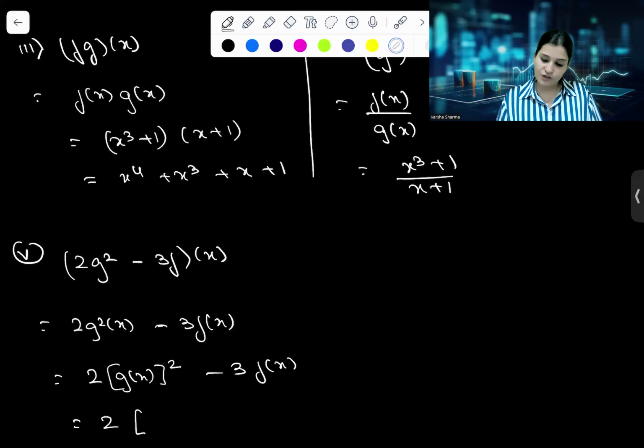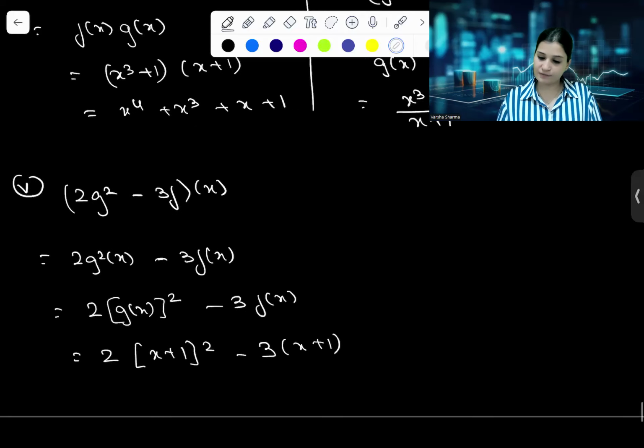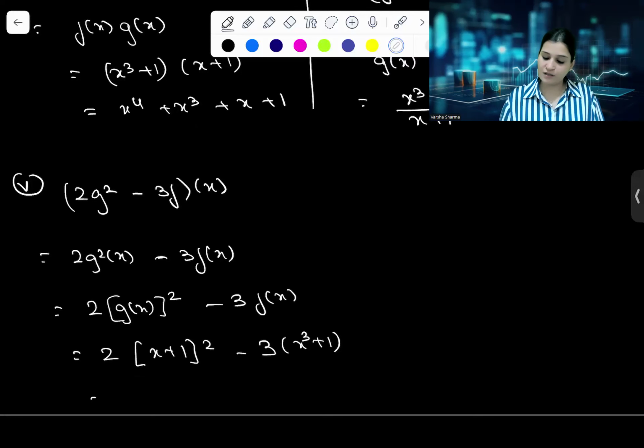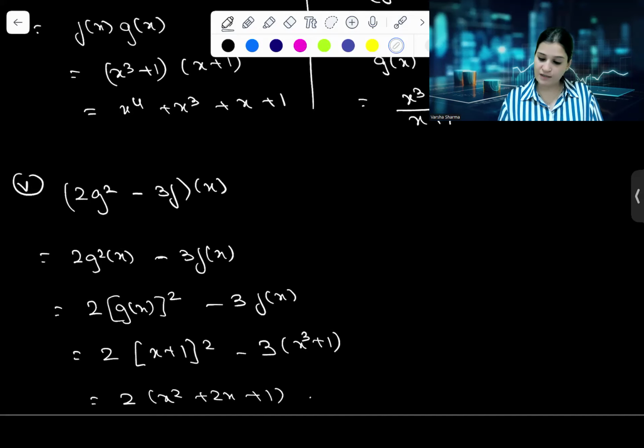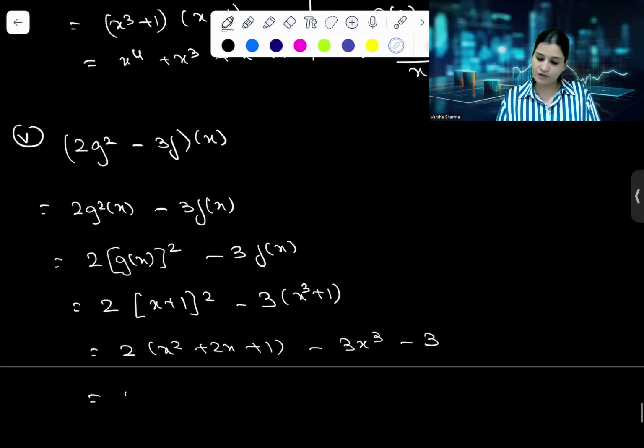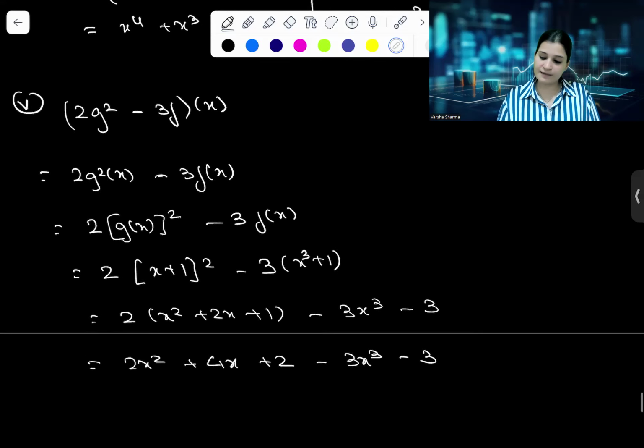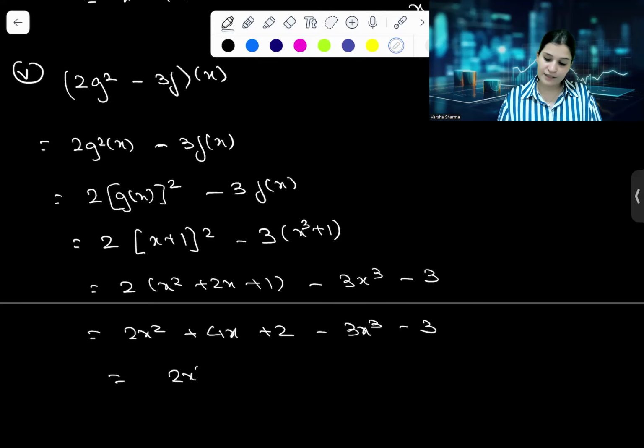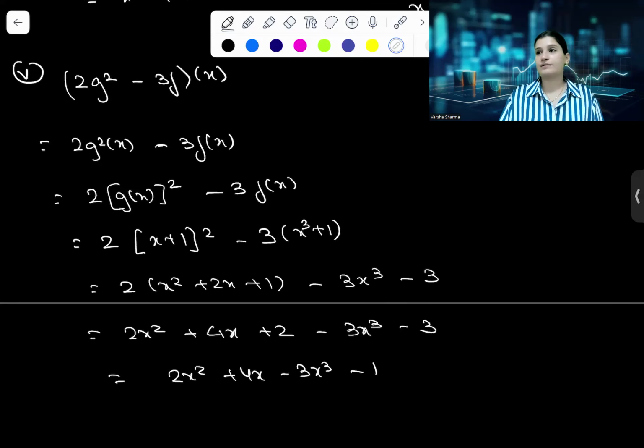So twice g of x is x plus 1 whole square, minus 3 f of x is x cube plus 1. So twice x square plus 2x plus 1 minus 3x cube minus 3. So 2x square plus 4x plus 2 minus 3x cube minus 3. 2x square plus 4x minus 3x cube minus 1.